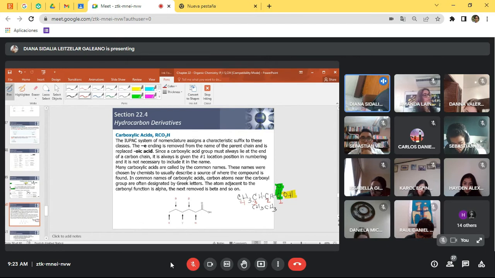So we have 1, 2, 3, 4. The name of this compound is butanoic acid. The IUPAC name. Butanoic acid. Does it have substitutes?